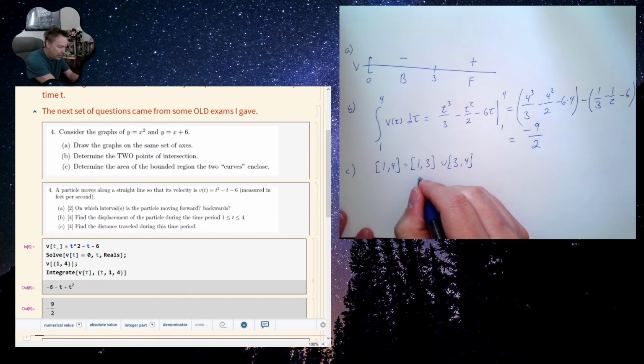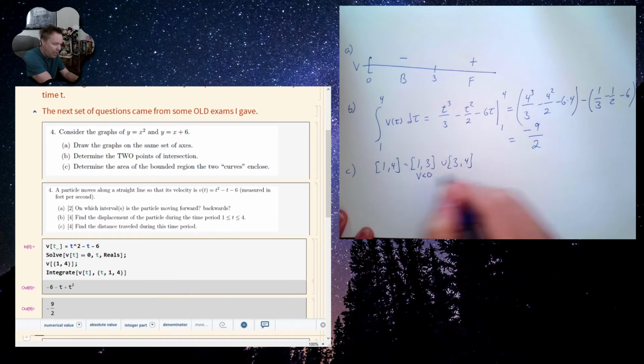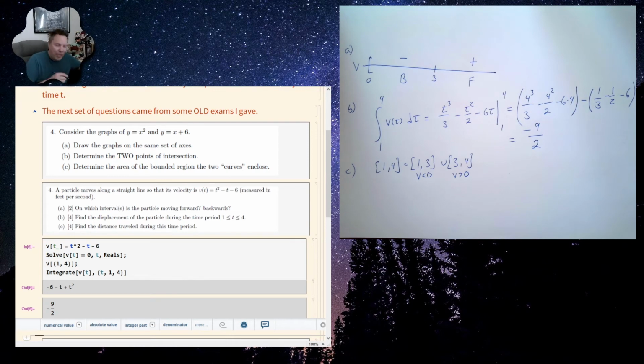Because on this one, my velocity is negative, and on this one, my velocity is positive. So I have two legs of the trip here, between 1 and 3, and between 3 and 4. So what is this going to give me?